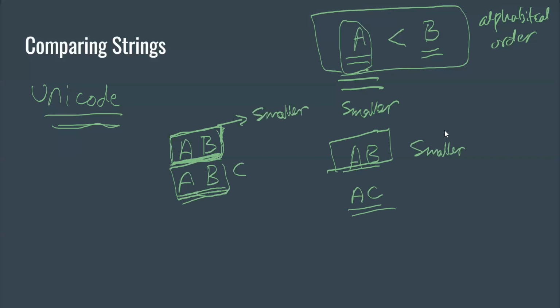So what about the case where you have the same letter in different cases? Now, alphabetically, you cannot make a decision because capital A is the same as small a. They are the same letter. So which one is smaller? Again, remember the idea that strings are compared by Unicode. So if you go to Python, let's jump into Jupyter.